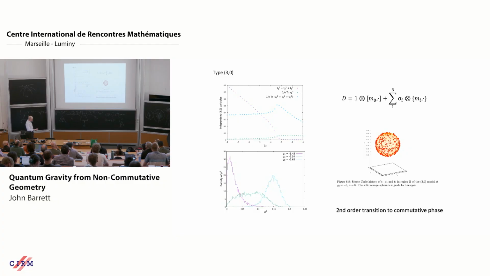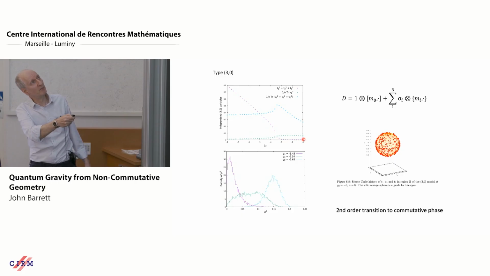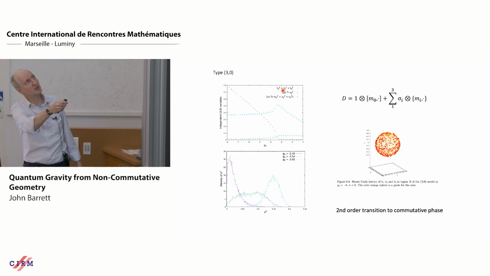So here are some results. Firstly, the type 3-0, the one with 3 anti-commutators. This is the power, basically, in each of the types of matrices. I'll try and read it off. The first one here, the pink one, is T1 squared plus T2 squared plus T3 squared.